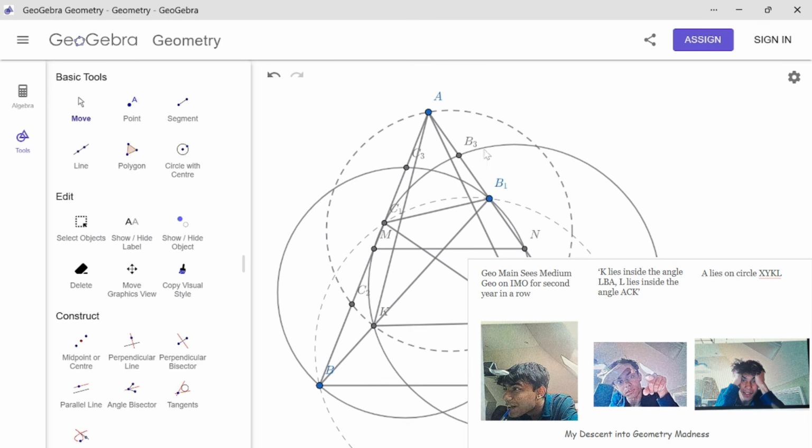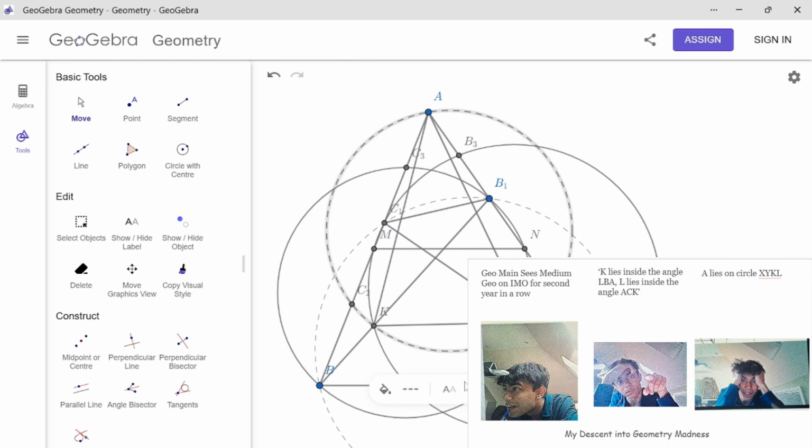So BB1 is not the radical axis of AKL and CB3 C1 M. It's the radical axis of AC2 B2 and CB3 C1 M. And where BB1 meets this circle is K. So K has got to be on AC2 B2. Okay, let me write this stuff up.